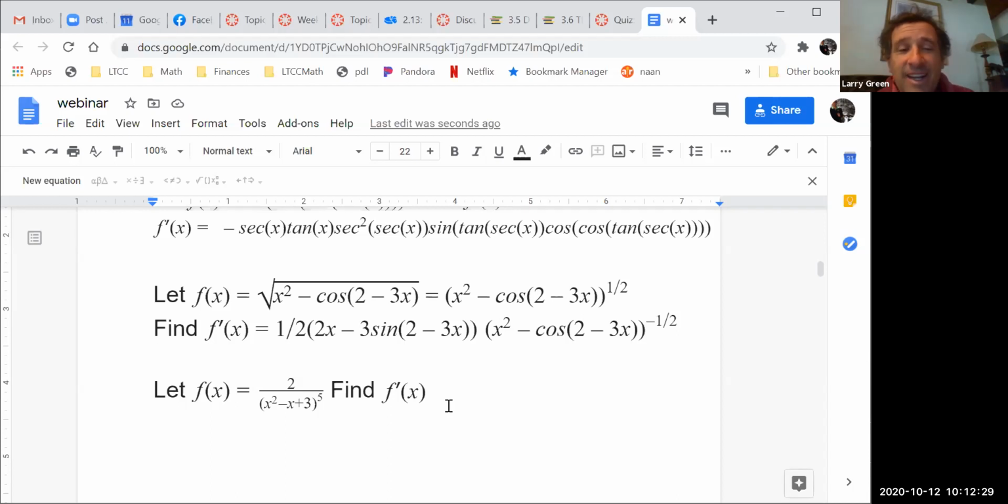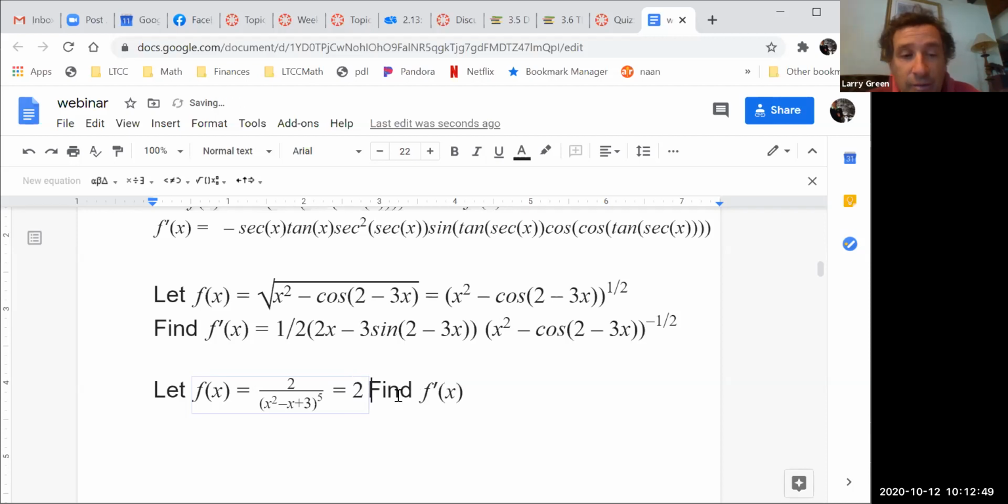Okay, I particularly asked this because I knew you would say quotient rule. And the answer is you don't need to use the quotient rule. So what I want to remind you is there's another way of writing a constant over a power of something. And it's a much easier way when you're doing calculus.